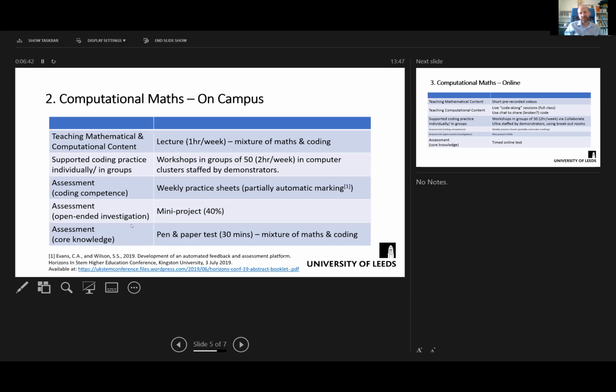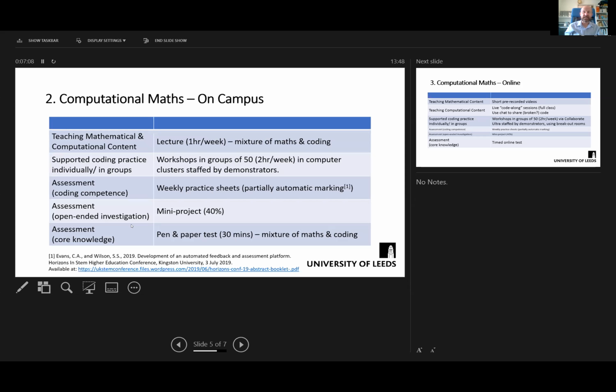So after the lecture, they'll go to one of a set of workshops that run in a cluster room in groups of around 50, staffed by demonstrators who are there to help. And there are really three things that we want students to be able to do in these workshops. One is simply sit and work on their own if they want to on the problems that we set them, work their way through example sheets.